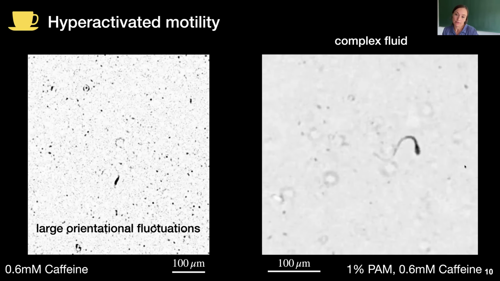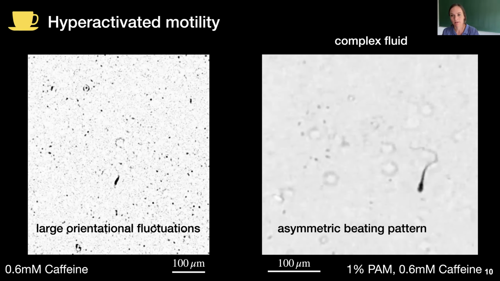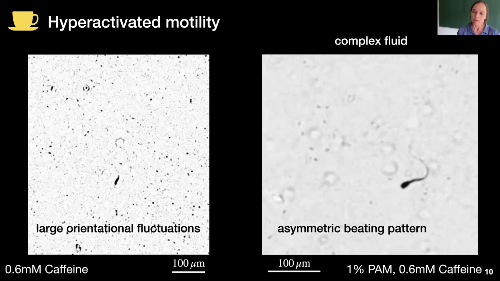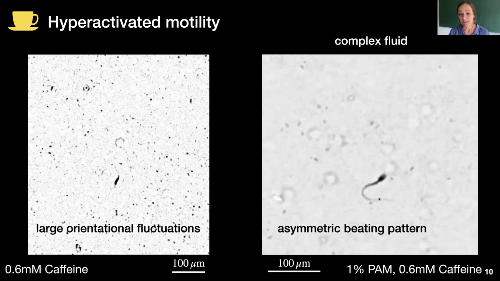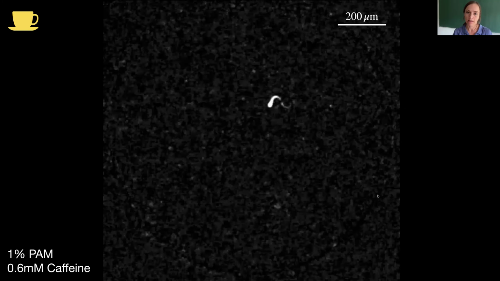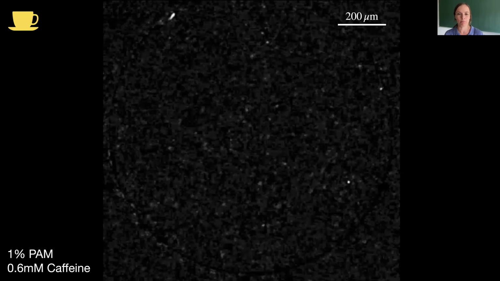And what you can appreciate from that is that the beating pattern now really looks asymmetric. Okay? Now what was quite striking was that if we observed many of the sperm cells under these conditions, this phase of switching between two different modes was observed.